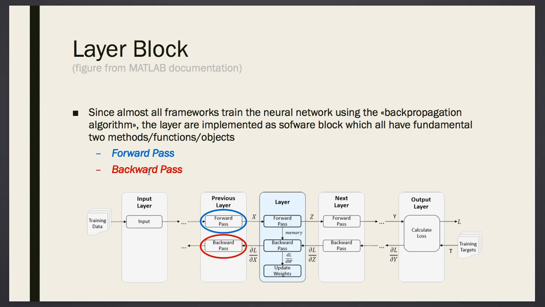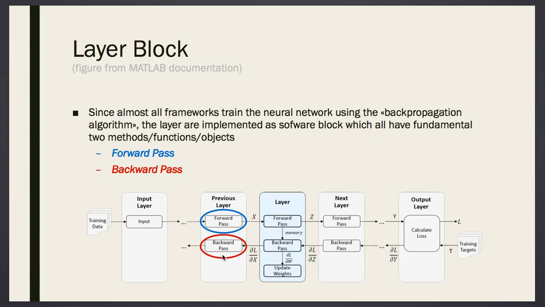Regardless of the framework you use, PyTorch, TensorFlow, what you have is a forward pass and a backward pass. Actually, you can write custom layers, and when you write a custom layer, you define a forward pass and a backward pass.